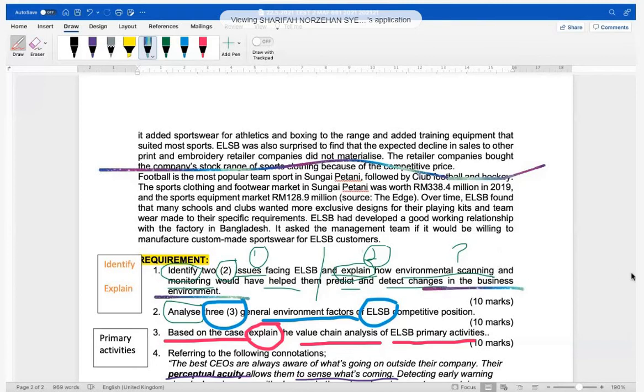Over time, ELSB found that many schools and clubs wanted more exclusive designs for their playing kits and team wear made to their specific requirements. ELSB had developed a good working relationship with a factory in Bangladesh. It asked the management team if it would be willing to manufacture custom-made sportswear for ELSB customers.